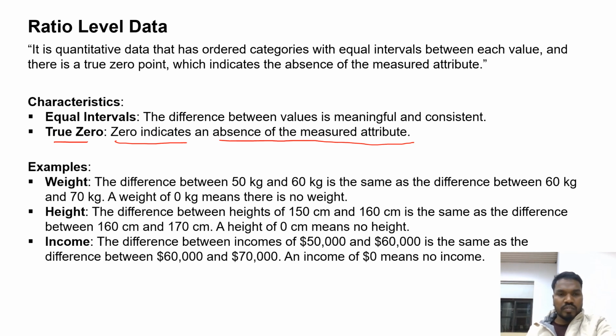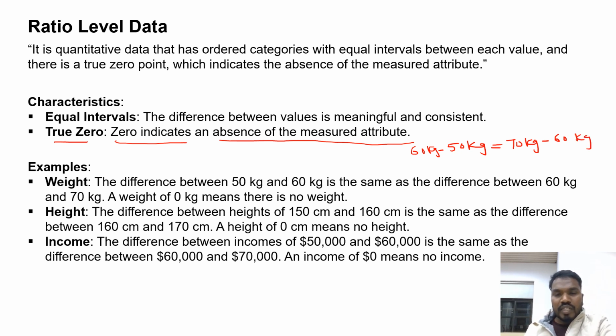For example, consider weight. The difference between 50 kg and 60 kg is the same as the difference between 70 and 60. Clear? This is also the same in the interval data.